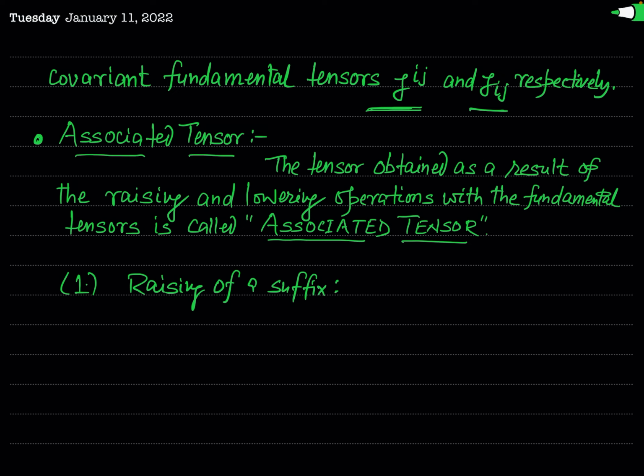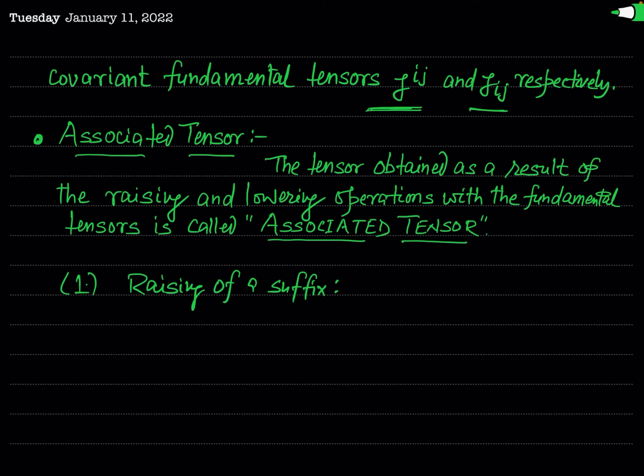Raising of a suffix can be defined for a covariant tensor, because in a covariant tensor there is a subscript and we have to raise that subscript into a superscript. So whenever you talk about the raising of a suffix, you have to consider a covariant tensor, not a contravariant tensor. First of all, we will define this operation for a covariant tensor of first rank, and then we will generalize that definition. Let us see.